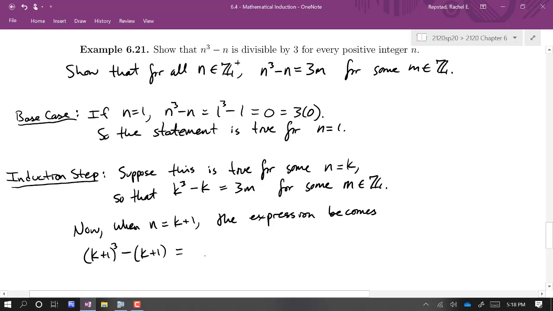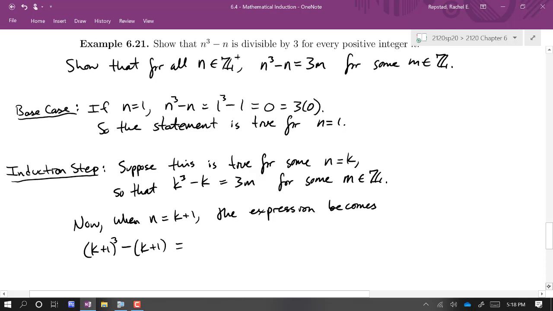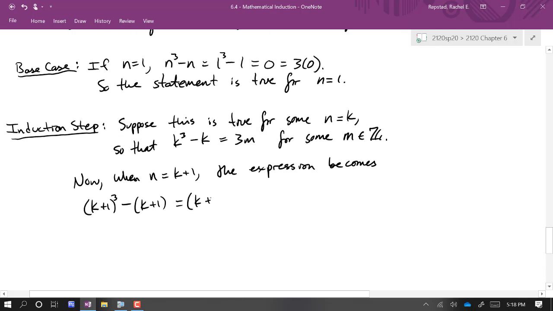I'm going to expand everything out, so k plus 1 cubed, this is k plus 1 times k plus 1 times k plus 1, minus k plus 1. And multiplying these two together gives us k squared plus 2k plus 1.